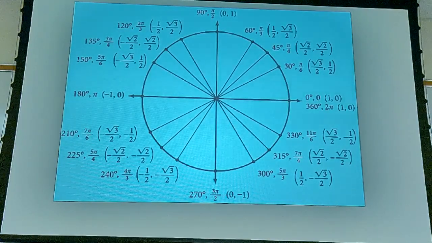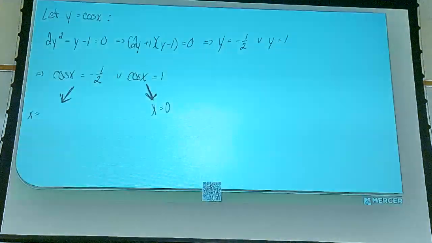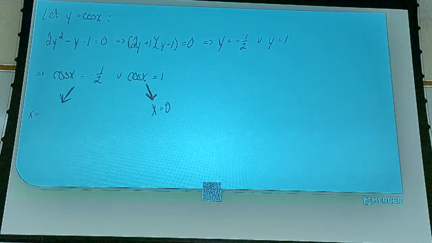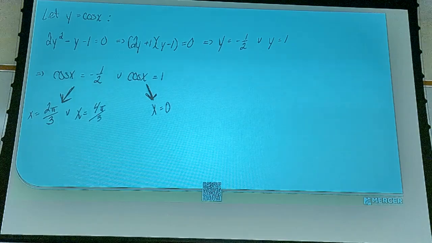What angles correspond to an x coordinate of negative 1/2? 2 pi over 3, or the x coordinate? That's what the cosine is, right? Cosine is x, sine is y, on the unit circle.